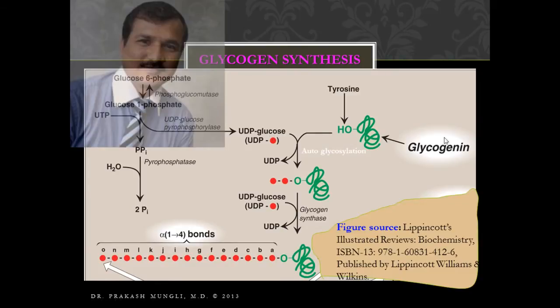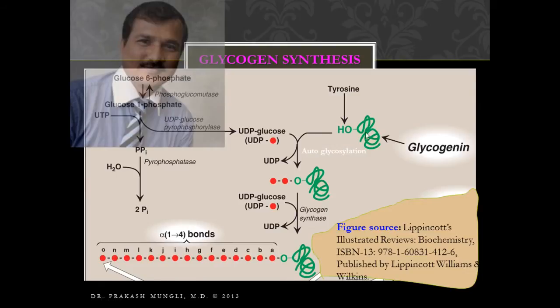Note that glycogenin is a protein molecule, so it has a tyrosine residue. The tyrosine amino acid is an OH-containing amino acid. It has a hydroxyl group. So we have 3 hydroxyl-containing amino acids: one is tyrosine, the other 2 are serine and threonine.